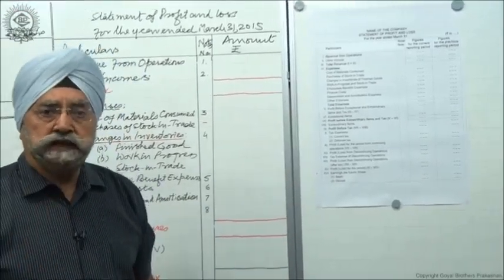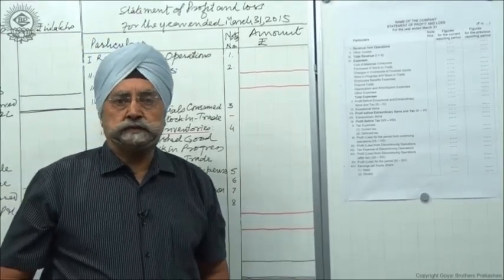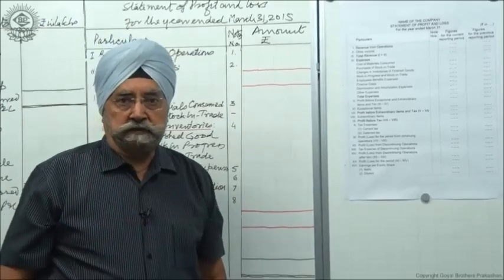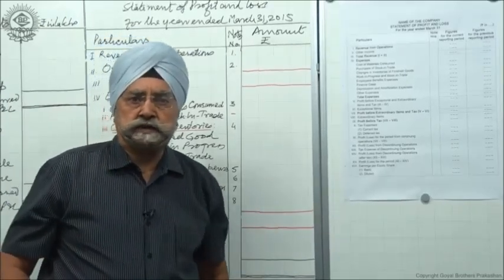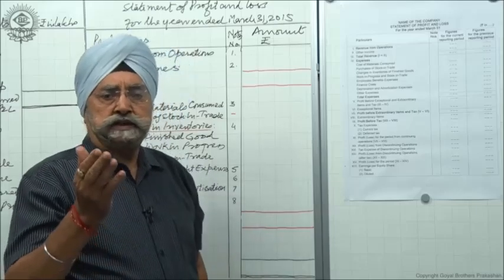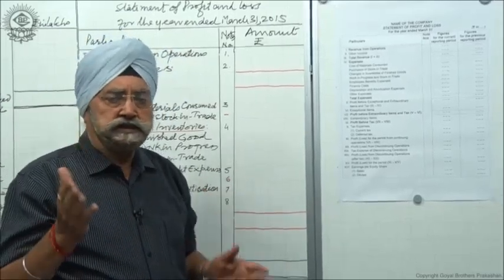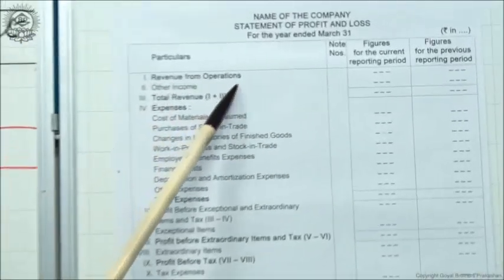And if it is a non-finance company like Tata Sons or Tata Motors, their revenue comes from sales. Main revenue comes from sales, and other small items can be there, just like sale of scrap. These are the items of revenue from operations.